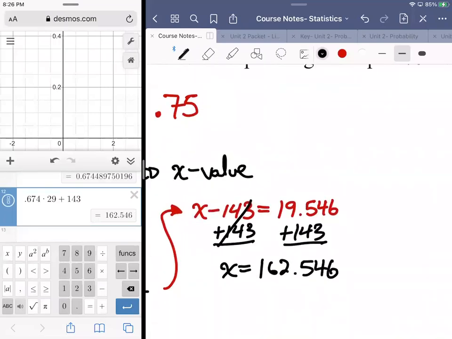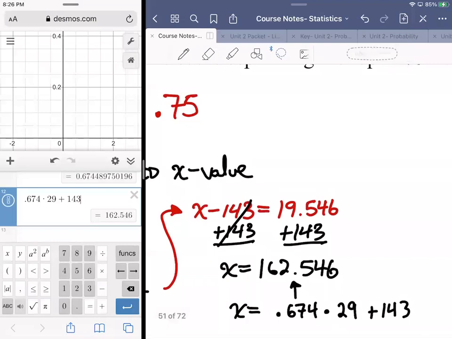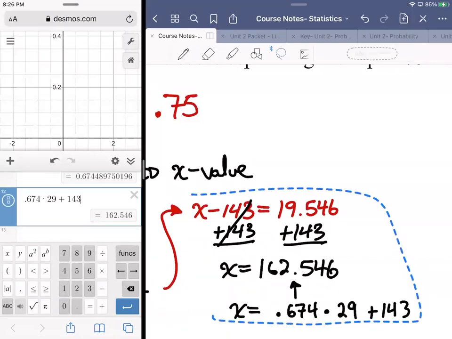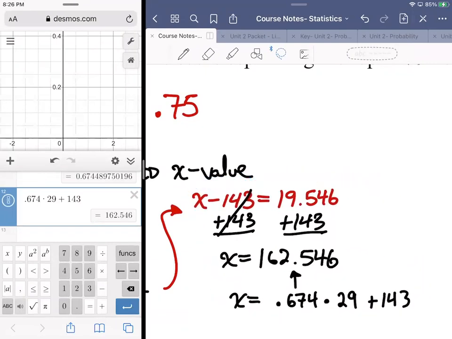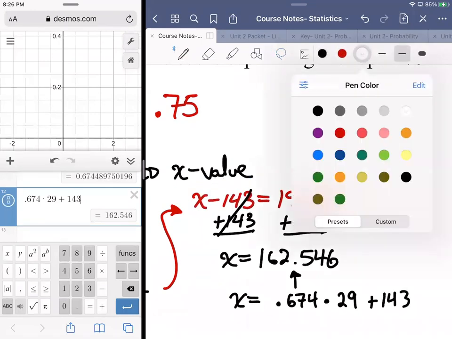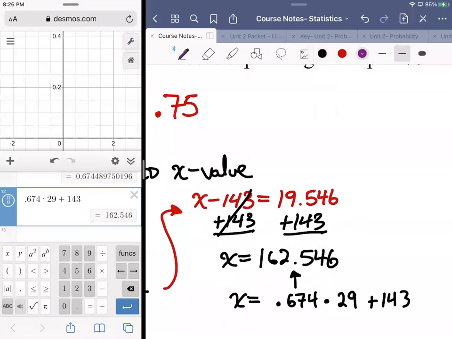All right. So I'm just going to jot it down here. 0.674 times 29 plus 143. That's what X ended up being equal to. Now, if we put that in general terms, something that we can build off of and use repeatedly over and over again, the 0.674 was the z-score.